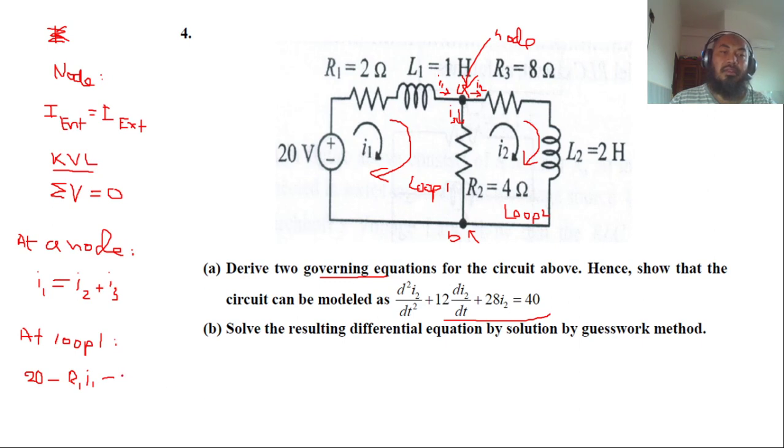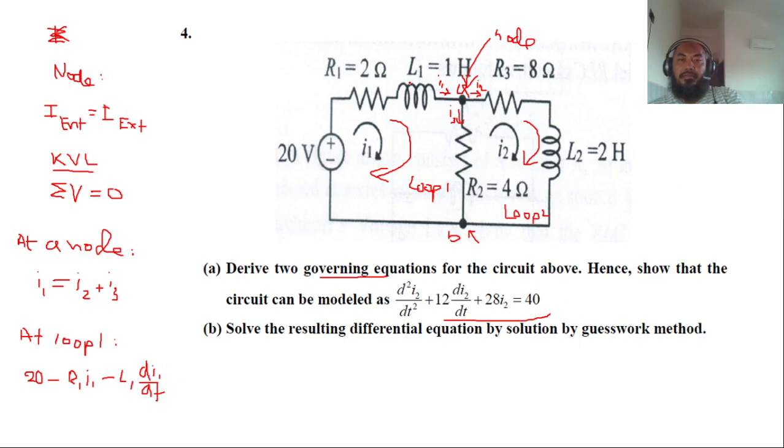We already studied it: it is L1 dI1 divided by dt.